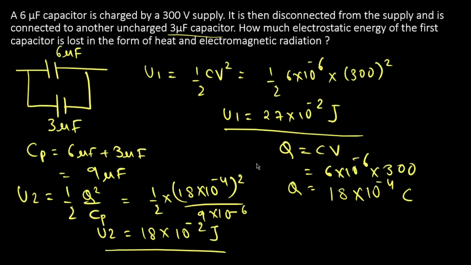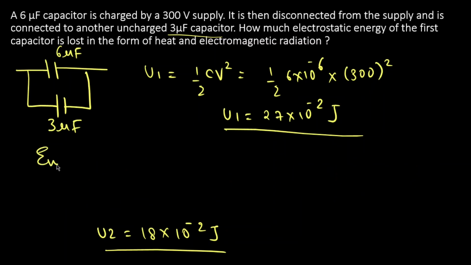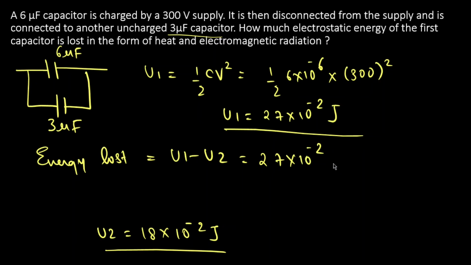Now this is the energy in the second case. Now we need to find out the energy that is lost. The energy lost can be given as U1 minus U2, which is 27 into 10 raised to minus 2 minus 18 into 10 raised to minus 2 joules. So we get the energy lost as 9 into 10 raised to minus 2 joules.